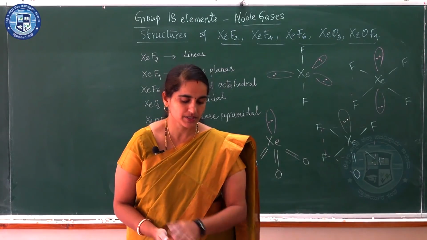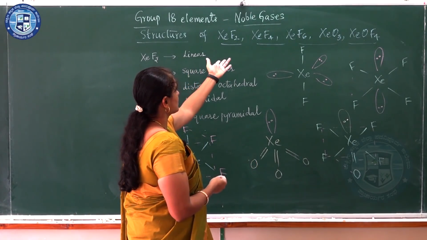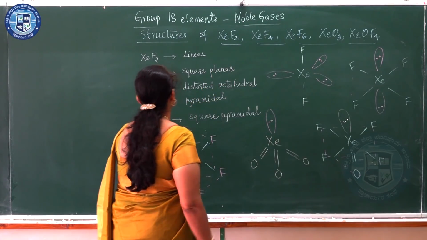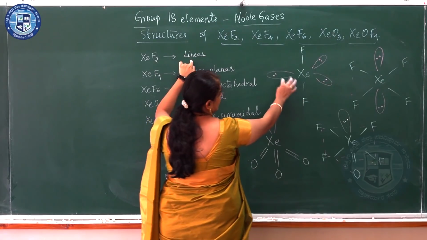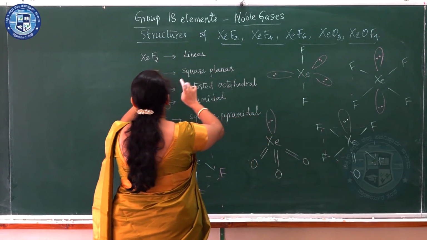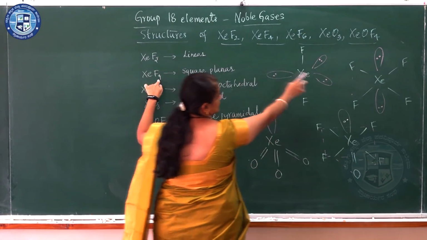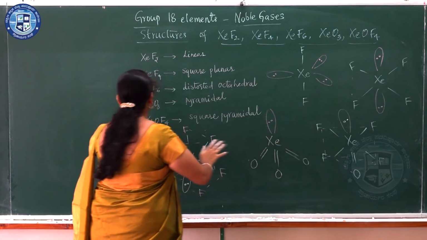So these are the structures of certain compounds of xenon with fluorine and oxygen. Just remember, XeF2 is linear containing 3 lone pairs of electrons on xenon. XeF4 is square planar containing 2 lone pairs of electrons on xenon.